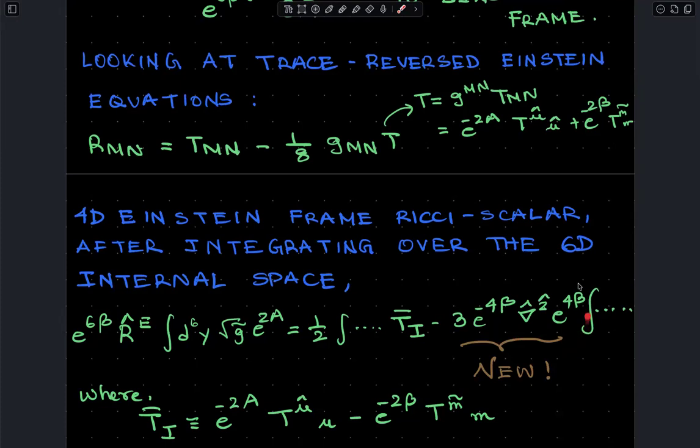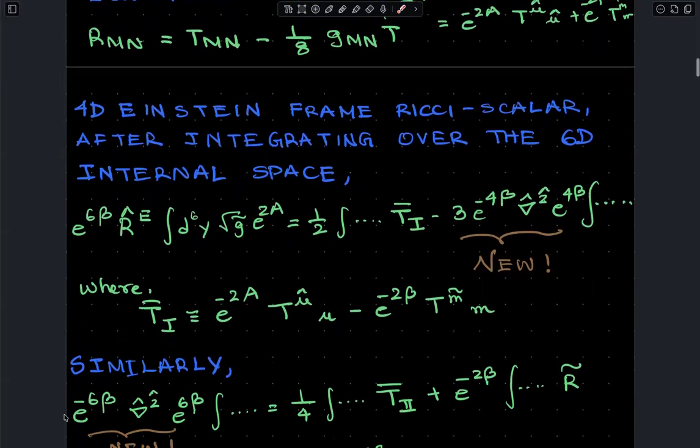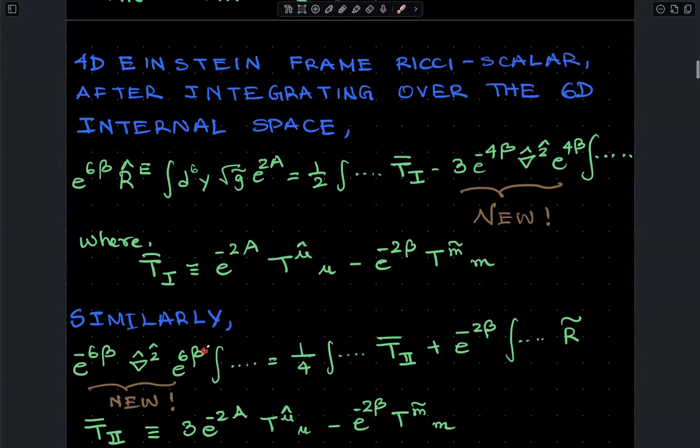And of course, this is our new ingredient, beta, where T_i bar is this. Similarly, if we look at the internal Einstein equations, we get a contribution as such, where R tilde is the internal space Ricci scalar, and T_ii bar is this object.